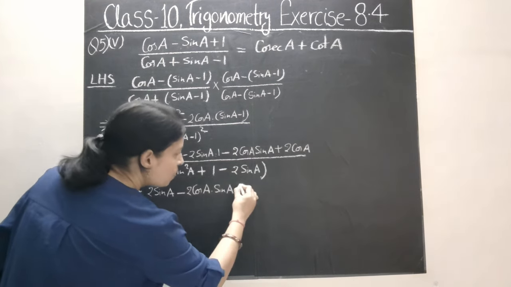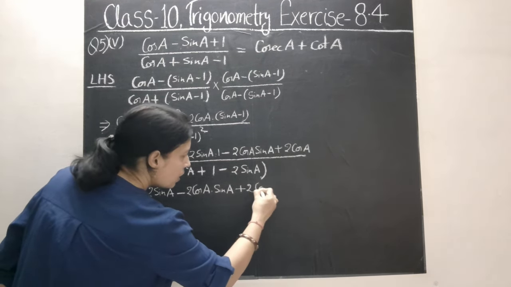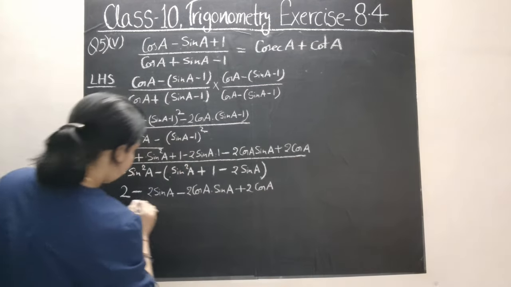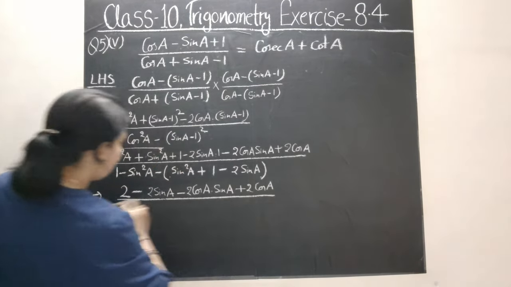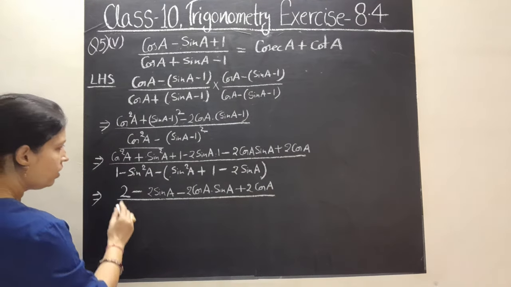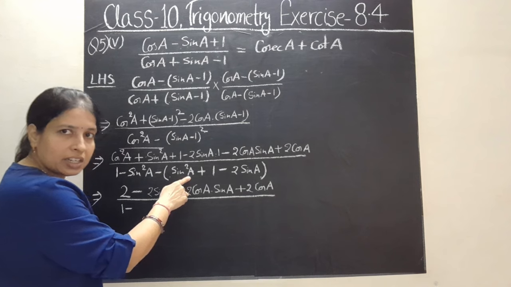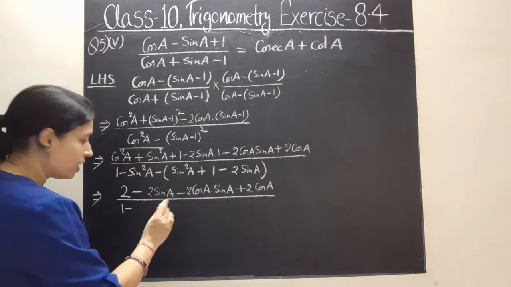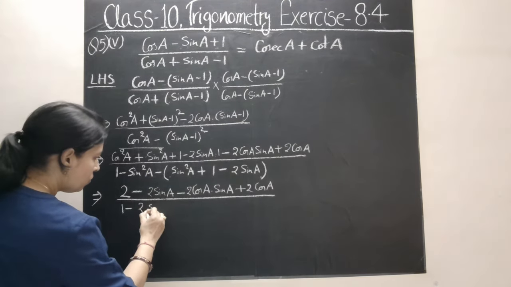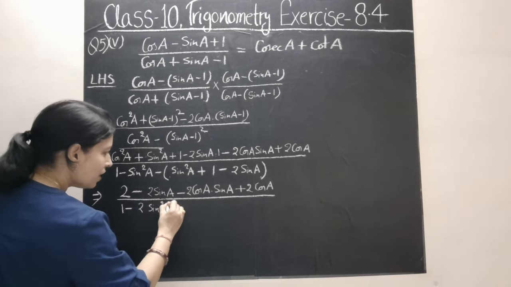Then last term is plus 2 cos a. It is divided by, right here, 1 minus sin square a minus sin square a. क्या होगा? minus 2 sin square a.